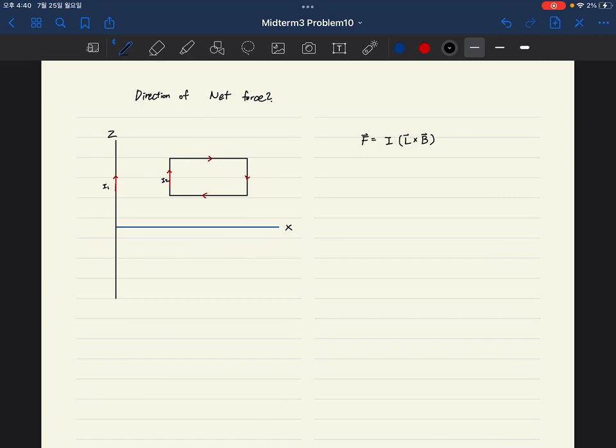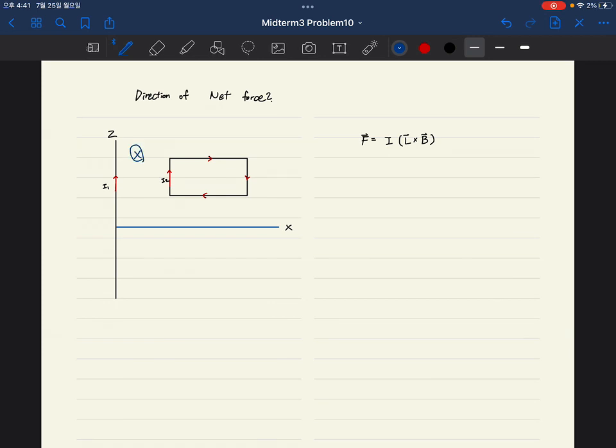So when we look at I1 first, we are going to use the right hand rule. So point the thumb in the direction of I1, and then we can find that the magnetic field is going into the page on the right side.